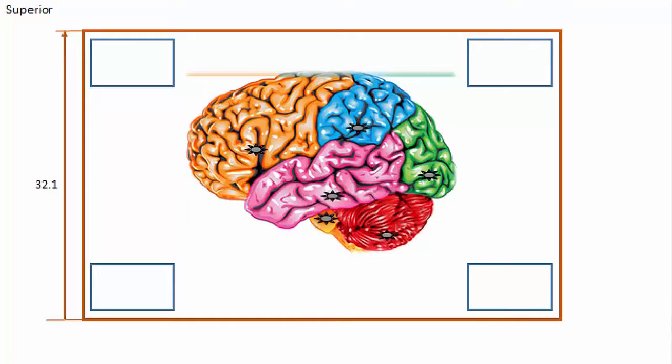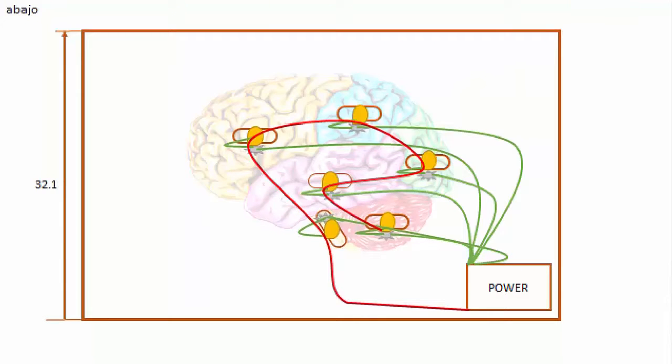These represent the parts of the brain, and the circuits, cables, and the energy represent the neurons and the synapses that occur when the circuit is complete. When the neurons or cables are working, the light is turned on and represents the part of the brain that is working.